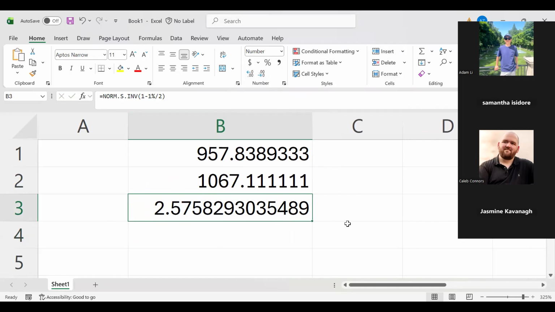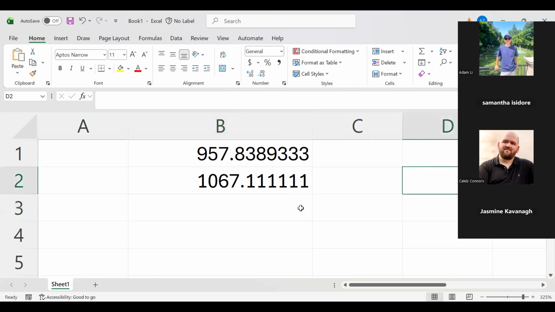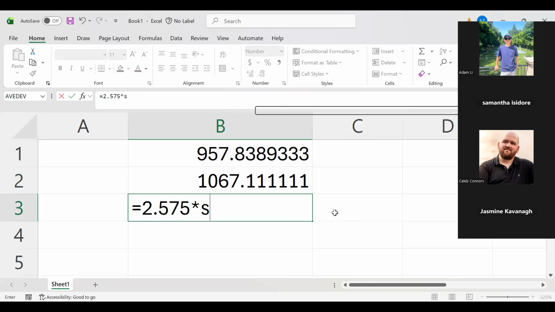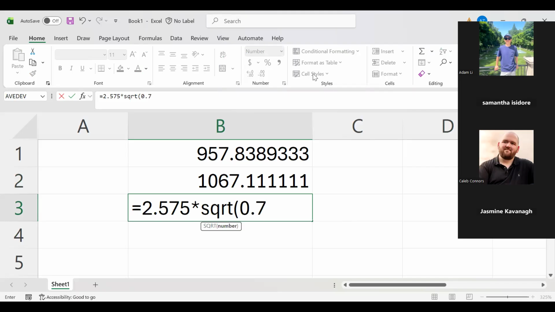Since you are using table A2 for the final, it's going to stick with the numbers from table A2. So it's going to be 2.575 times the square root of p hat, which is 0.7, times 0.3, over 510.